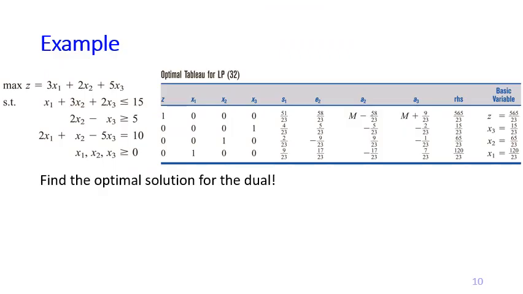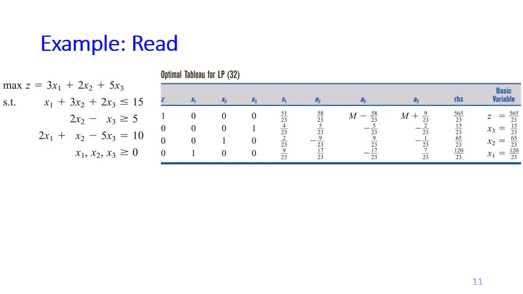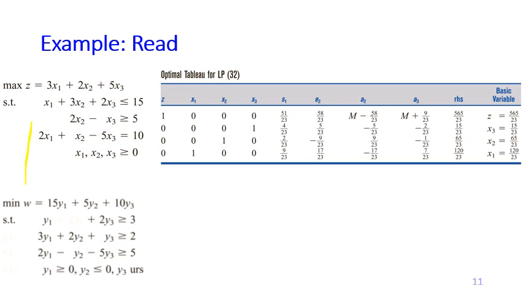Okay, so given a primal problem, which is a maximization, and the optimal simplex table here, find the optimal solution for the dual. So first, let's create the dual of this problem.